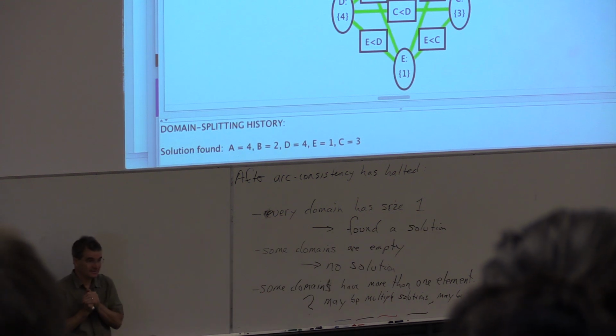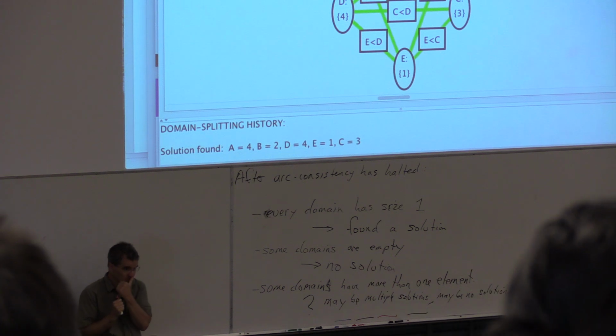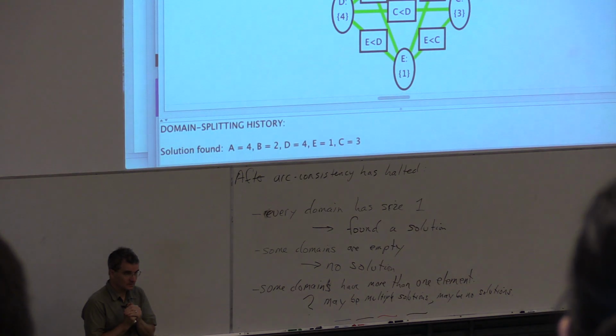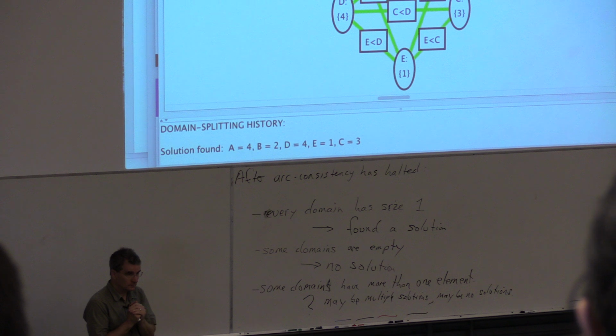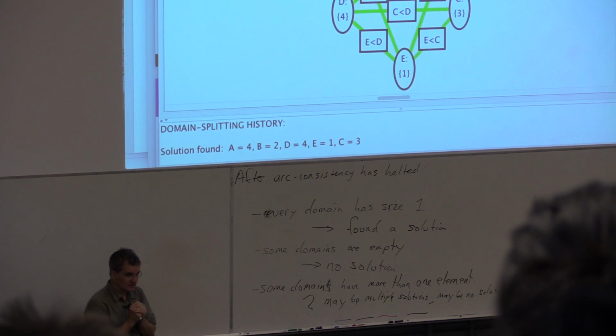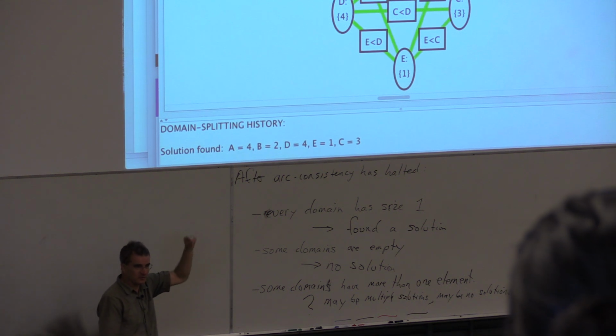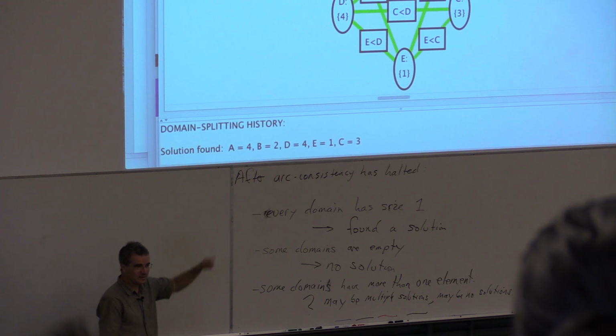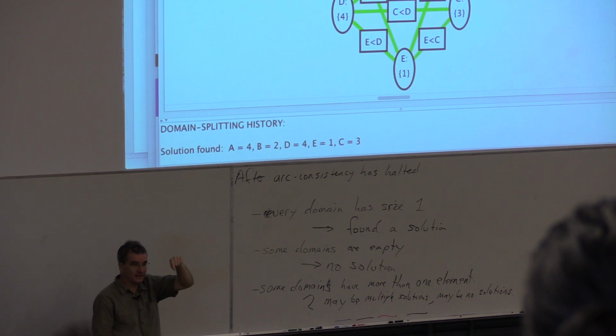We don't know. Do you know which one you'll end up with? Is it determined by the graph itself, or by the sequence of arcs that we visit? It turns out we end up with exactly the same graph no matter which sequence of arcs we visit. So it's completely determined by the domains.